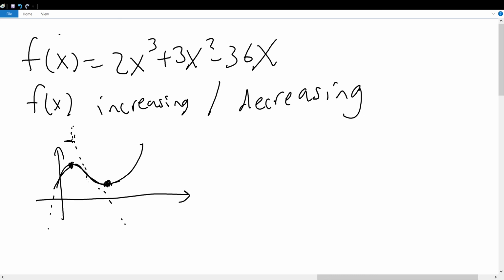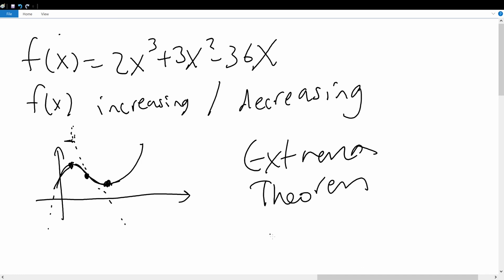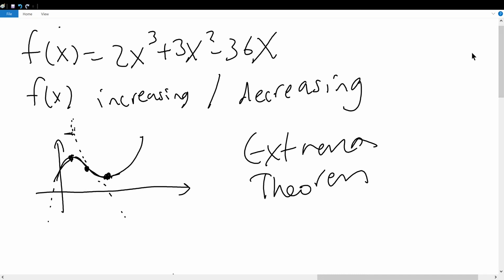And in between here somewhere, it's an inflection point, because that's where the direction changes. Also, by finding this out, the extrema theorem can be applied to many different scenarios. You just have to essentially think it out on a graph. So I know this lesson was a bit long, but I hope you found something useful out of it.